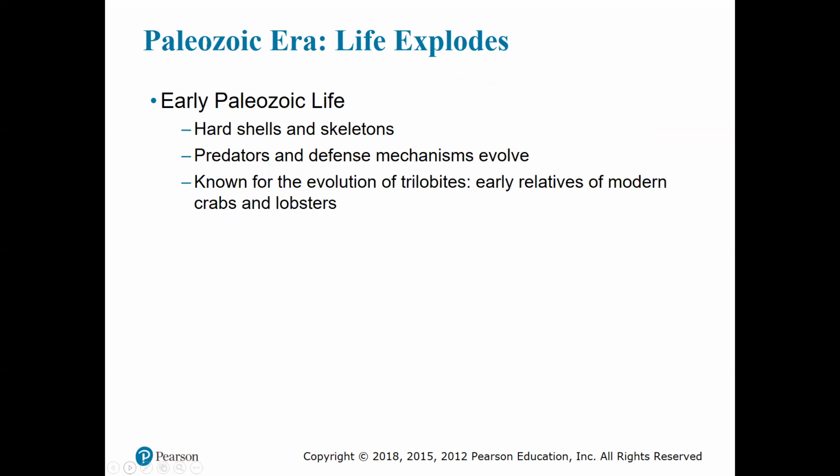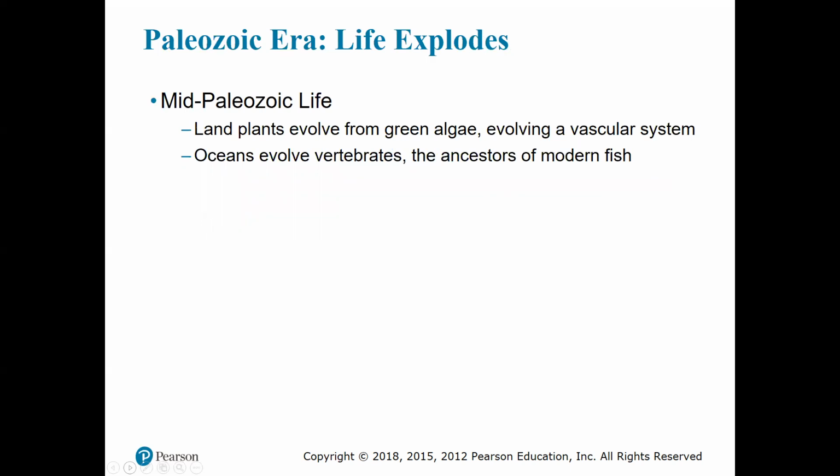We also started to see the development of hard shells and skeletons, and this is where we really start to bump up the fossil record, because the hard shells, the skeletons, they last longer. They're not destroyed like soft tissues are. So this is where we start to really get our extensive fossil record.